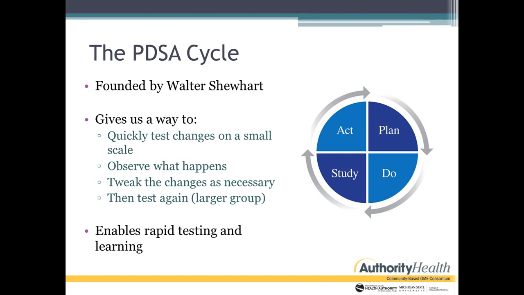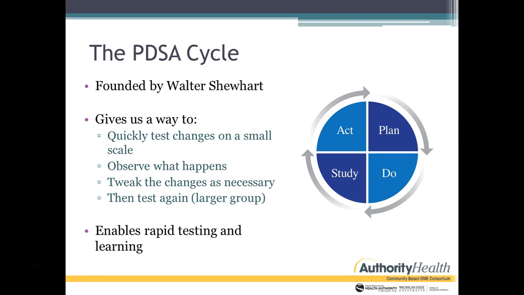So really, it's pretty self-explanatory, and we'll go through this in much more detail, but planning is setting up your target, your aim, picking your measures and thinking about how you're actually going to implement this improvement process. Doing is actually doing the process change, and studying is looking at the results.